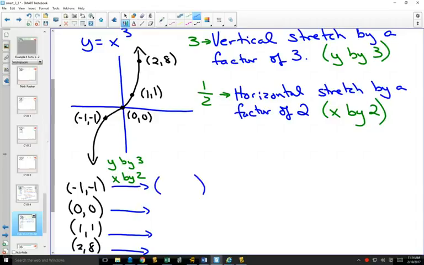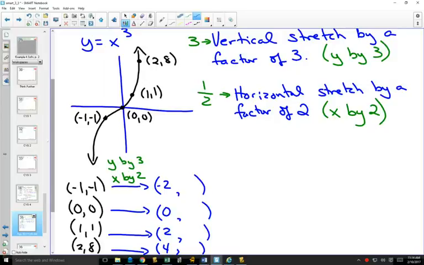Well, sometimes I find you make fewer mistakes if you concentrate on one coordinate at a time and do all of that coordinate. So if I multiply my x values by 2, I'm going to get -2, 0, 2, and 4. And then I'll concentrate on my y coordinates next.